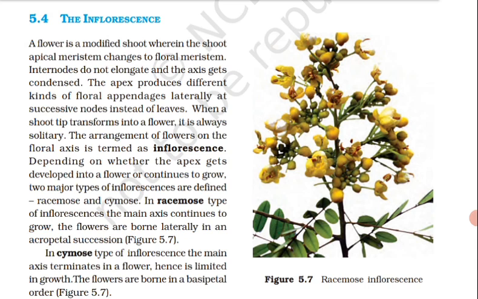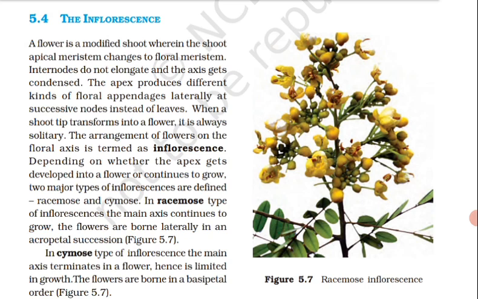In epigynous flowers, the margin of the thalamus grows upward, enclosing the ovary completely and getting fused with it. The other parts of the flower arise above the ovary, hence the ovary is said to be inferior, as in flowers of guava and cucumber, and the ray florets of sunflower are examples of epigynous flower.